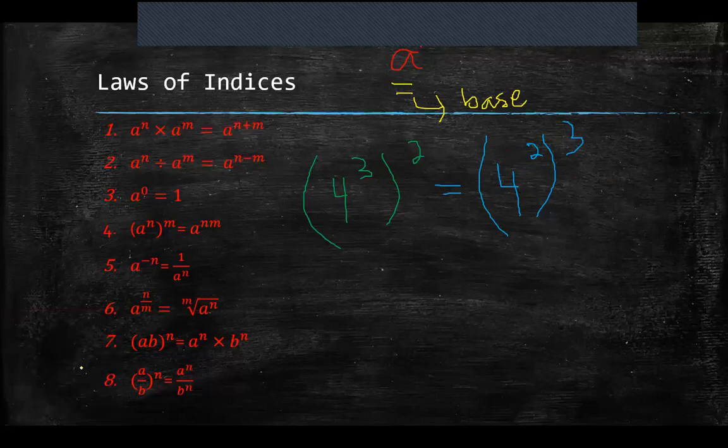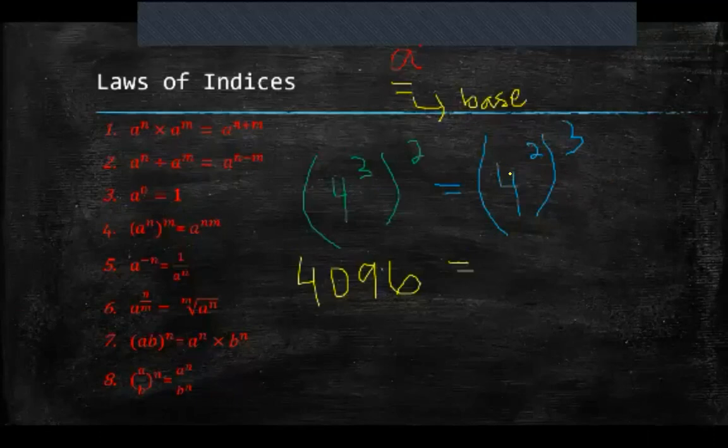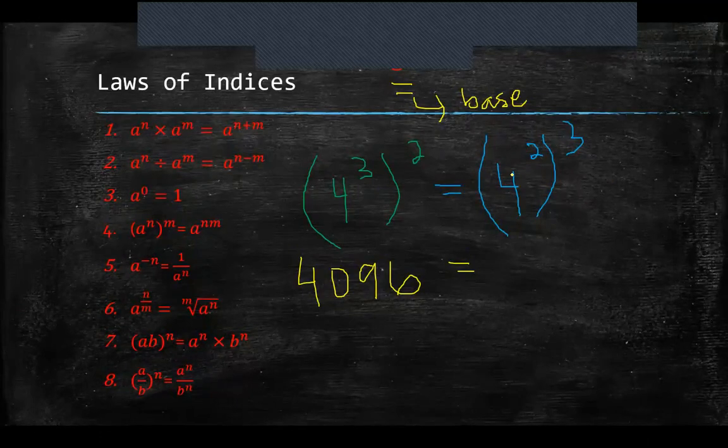So when we put this into the calculator, we got 4,096. And what I'm telling you right now, if you put 4 squared, so 4 squared, that's 16. And then you say 16 to the power of 3, so 16 cubed, you're supposed to get the same answer. If you don't believe me, you can check.